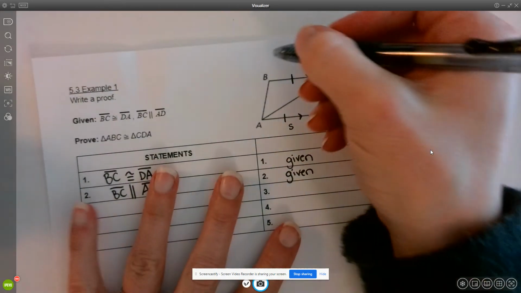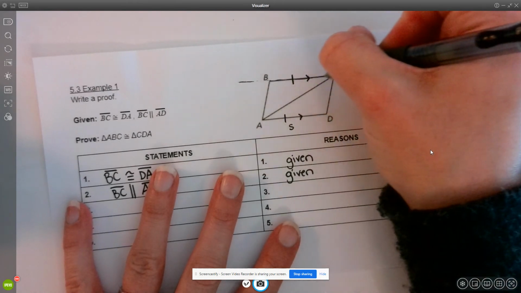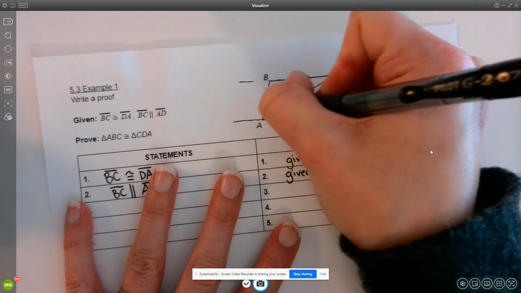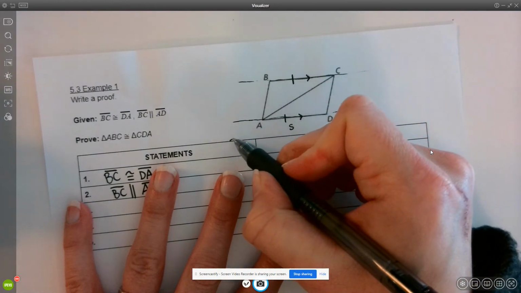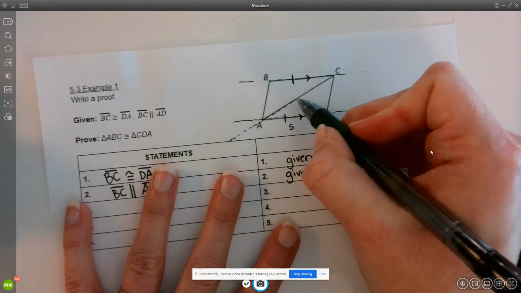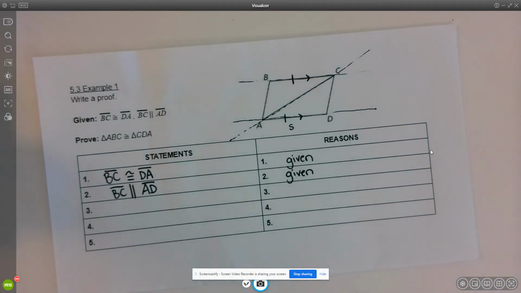That's probably important. So if I think about this picture, these are two parallel lines. Now we had a whole chapter on parallel lines and a transversal. Notice this line segment is a transversal that cuts through those parallel lines. So I wonder if we can find any special angle pairs that are formed from those parallel lines and the transversal.